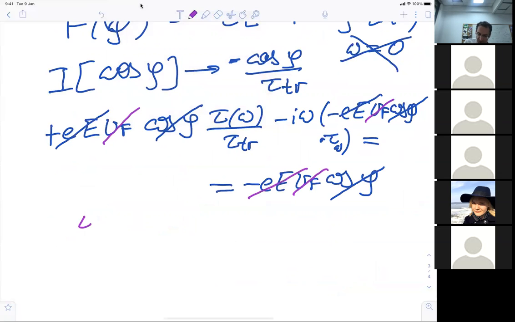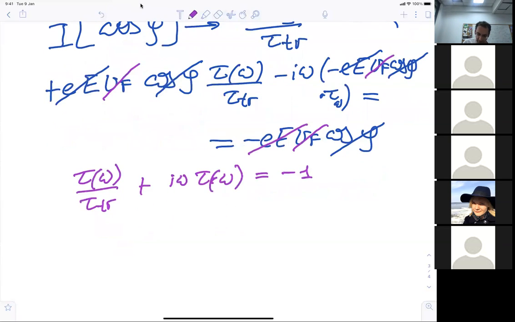So the equation reads tau of omega divided by tau transport plus I omega tau of omega is equal to minus 1.